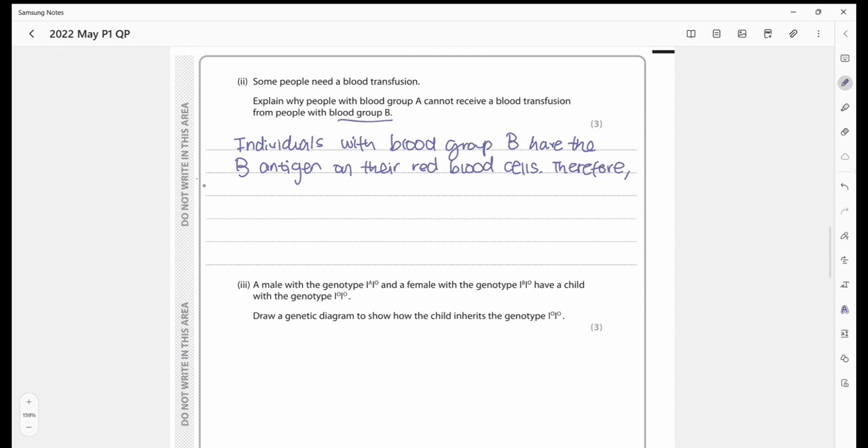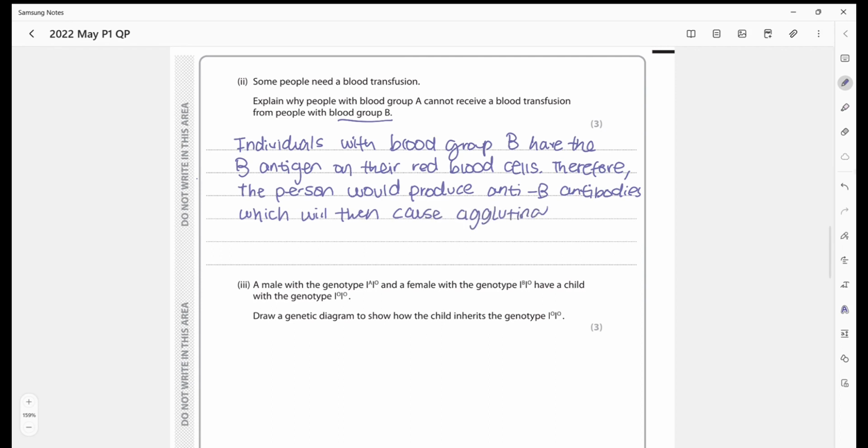Therefore, the person would produce anti-B antibodies, which will then cause agglutination.